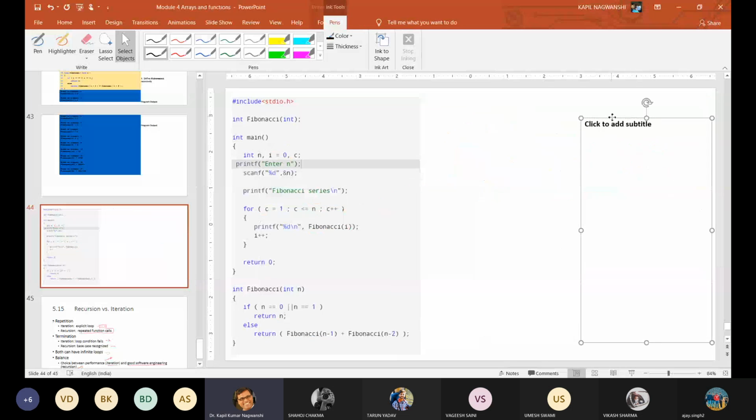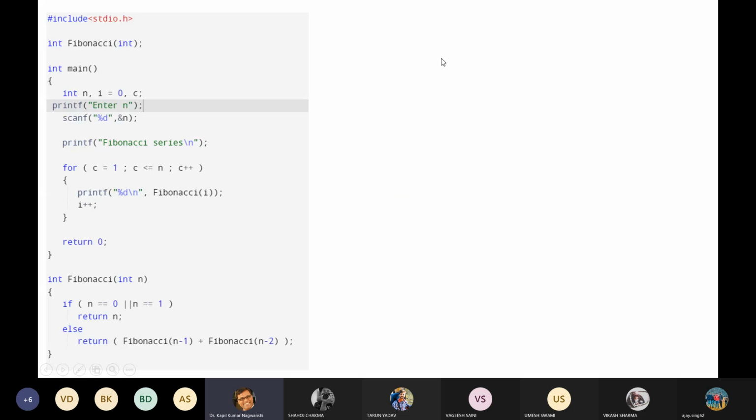Similarly, I had added one more program. Actually, this is a combination of recursion plus iteration. What is the difference between recursion and iteration? Iteration ends at a particular condition, like c is less than or equal to n.